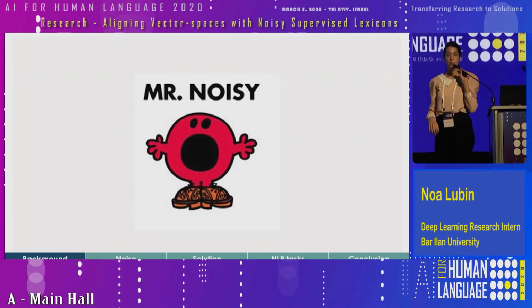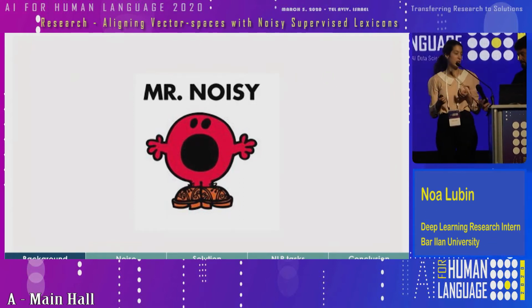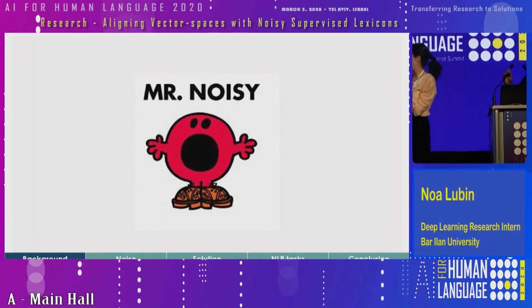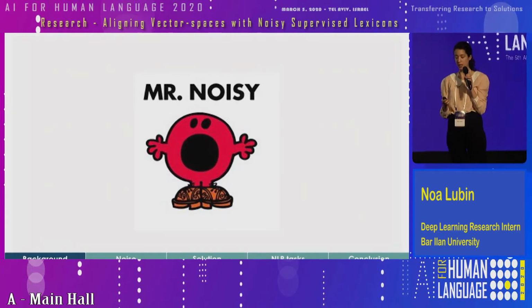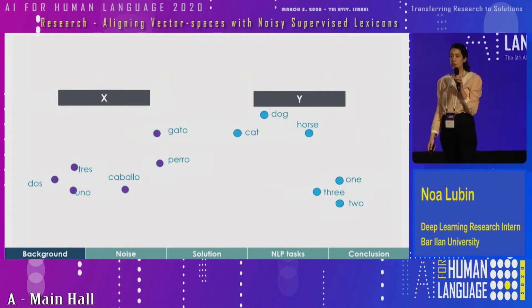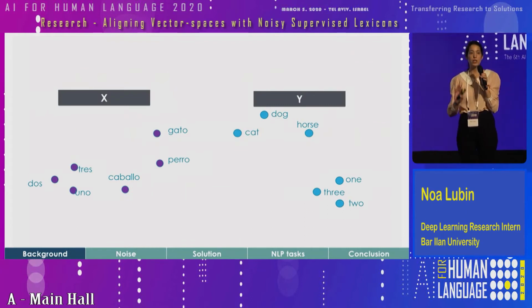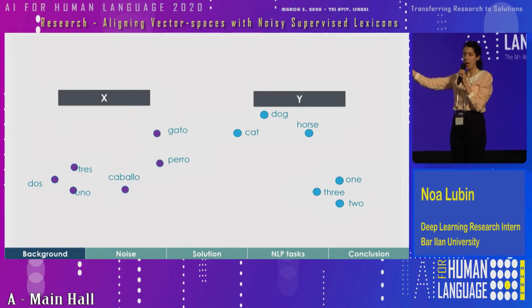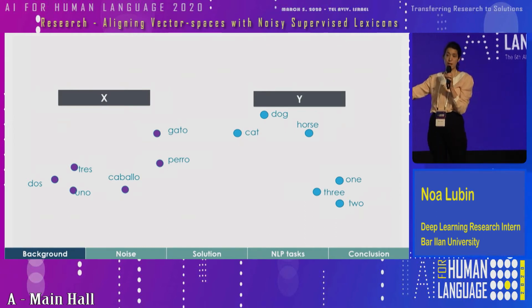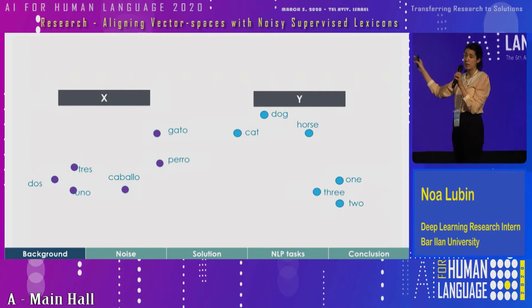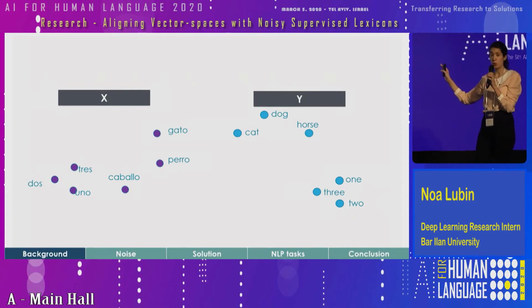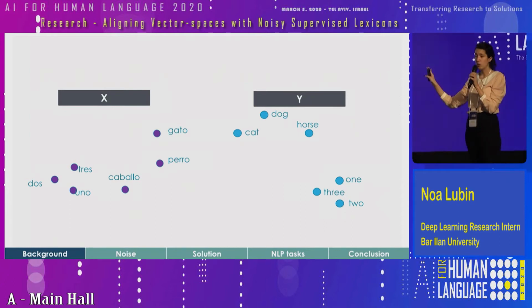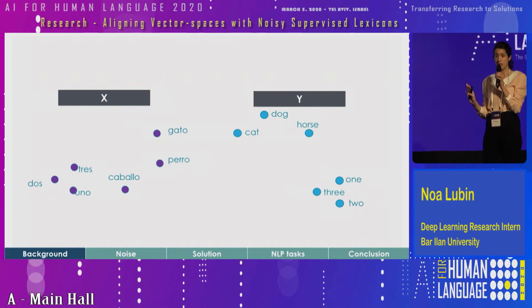I specifically focused on the alignment task. So let's understand what the alignment task means. In this task, we're given two vector spaces. In my example, vector space X is Spanish word embeddings, and vector space Y is English word embeddings, and they were created completely independently.